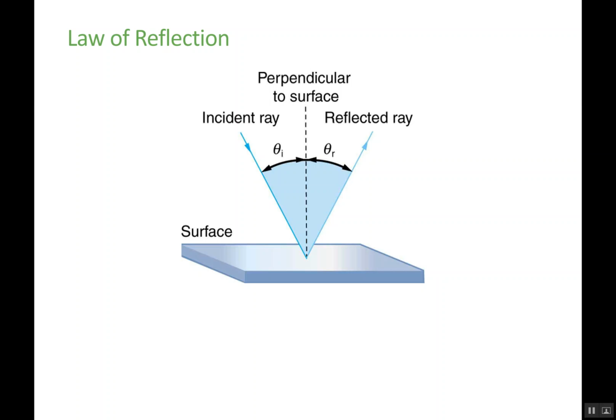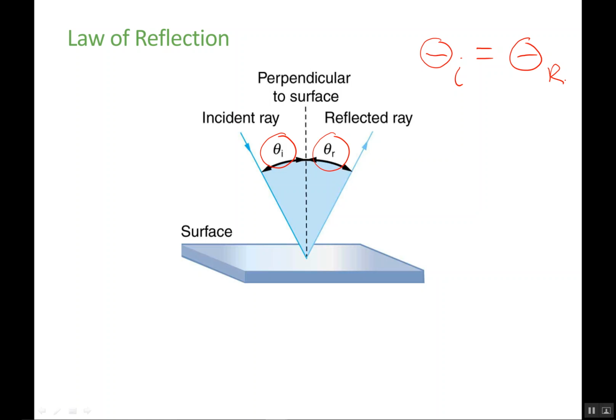And this law defines the relationship between what's referred to as the angle of incidence, which in this picture is labeled theta sub I, and the angle of reflection, which in this picture is labeled theta sub R. And the law of reflection says that those two angles, theta I and theta R, are equal to one another.